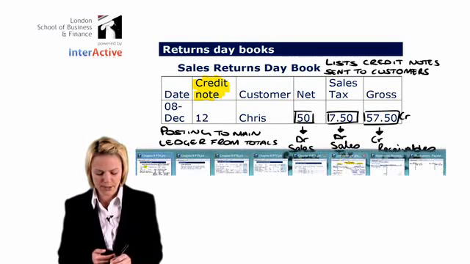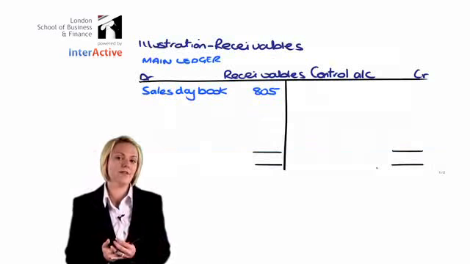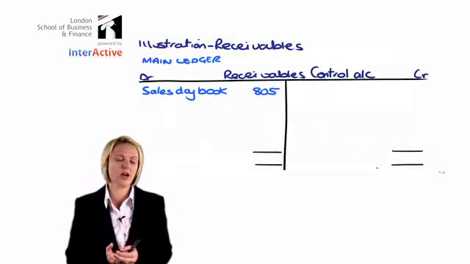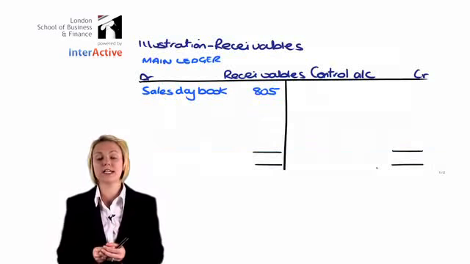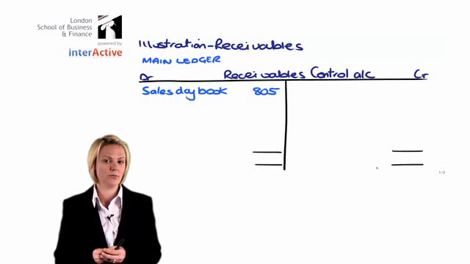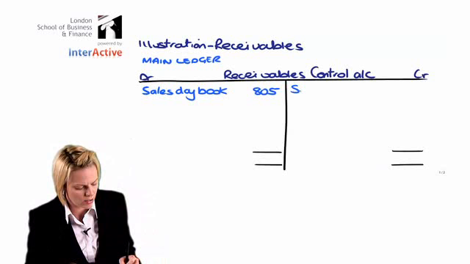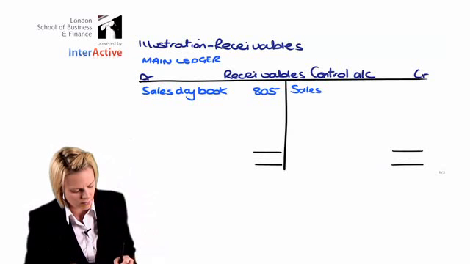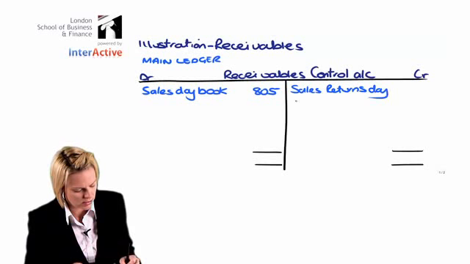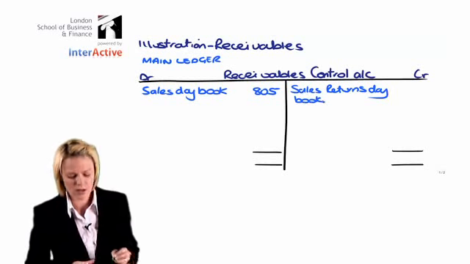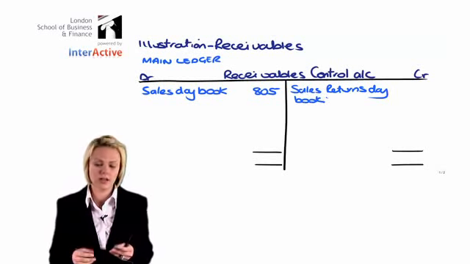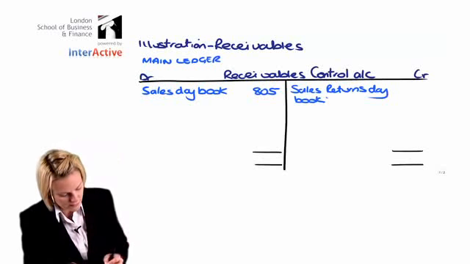And if you remember, we had a receivables control account and we're starting with the debit that we already posted from the sales day book. So in the control account, we're going to reduce down the asset from the sales returns day book with the total amount of the return, which was $57.50.